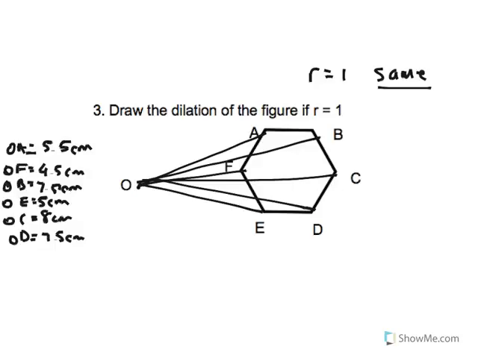Okay, now let's multiply each side by the scale factor, which is 1. Now wait a second. Anytime we multiply something by 1, it is equal to itself, right? So the length from the center to the new vertex, from O to A prime, is going to be 5.5 centimeters. So on and so forth for each one.